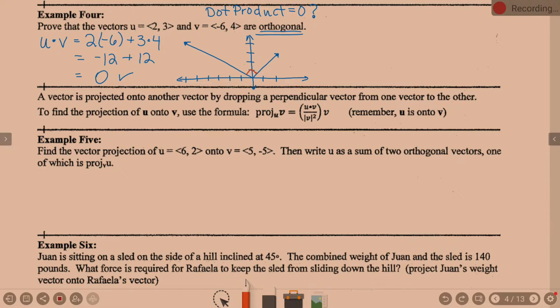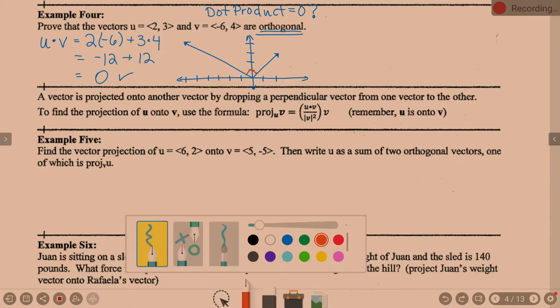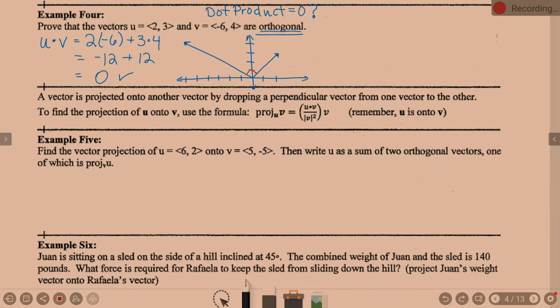Okay, one more topic, and that is vector projection. Now, I do not have my typos fixed here, do I? I do not. Just a slight typo here. A vector is projected onto another vector by dropping a perpendicular vector from one vector to the other. That's a lot of use of the word vector in one sentence.